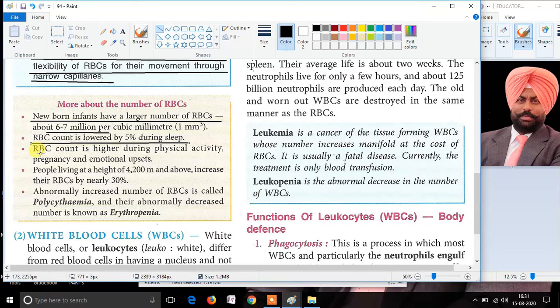When a person performs physical exercise, or when a lady is pregnant, or when a person is having emotional setups, then the count of RBCs increases in the body. People living in hilly areas, at the height of about 4,200 meters, are recorded to have about 30% more RBCs in their blood to fulfill the amount of oxygen, because at hilly areas the amount of oxygen is less.